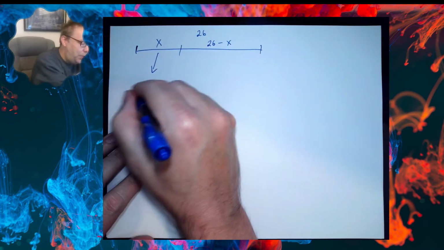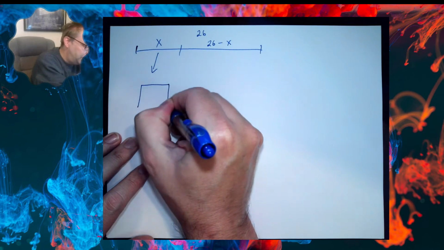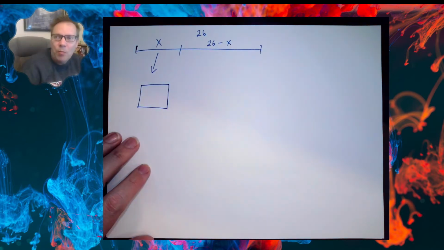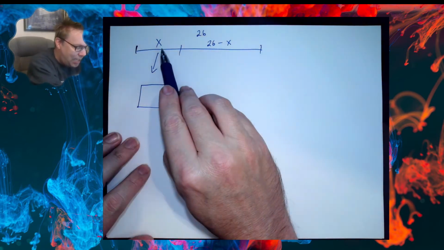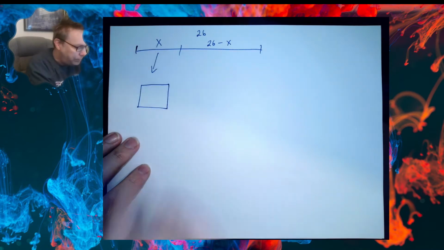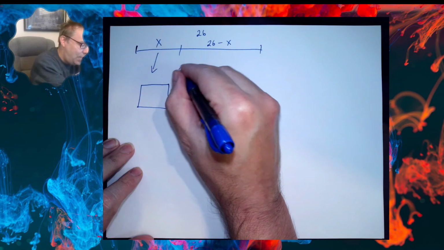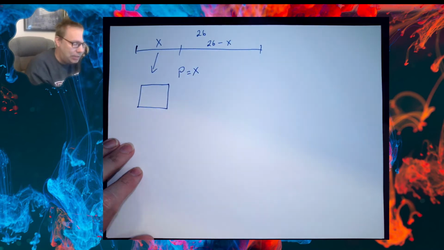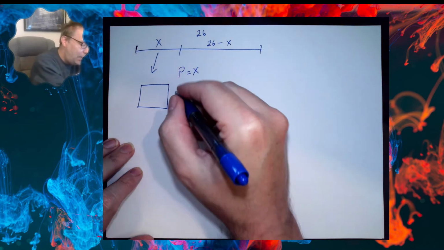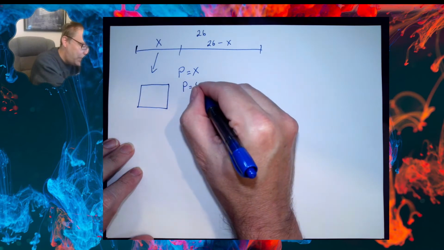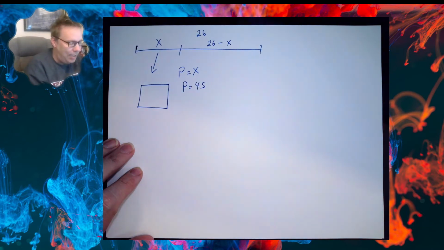I'm going to bend this into a square. Now, I want you to think about what x represents. x represents the length of this wire. So that means that's the perimeter of this thing. The perimeter is equal to x. But the perimeter is also equal to 4 times a side length.